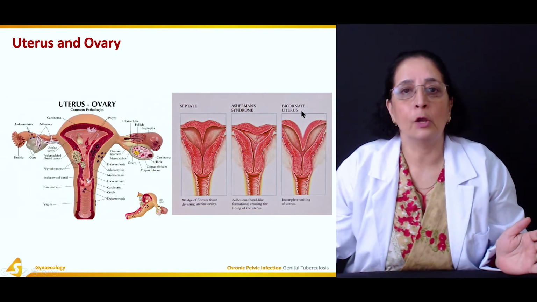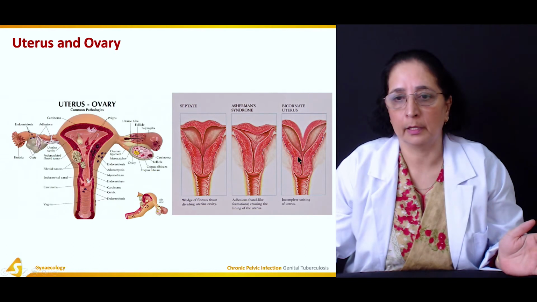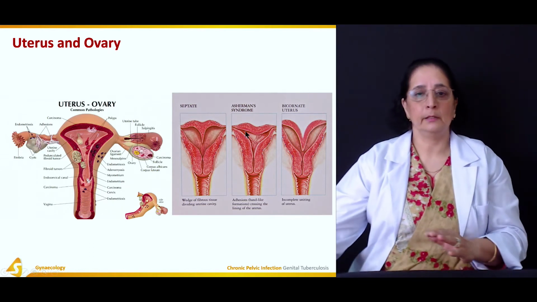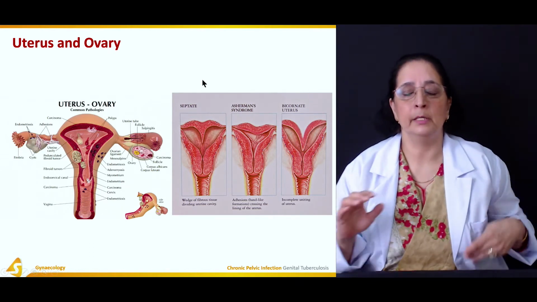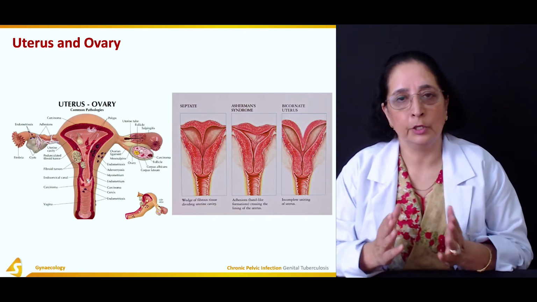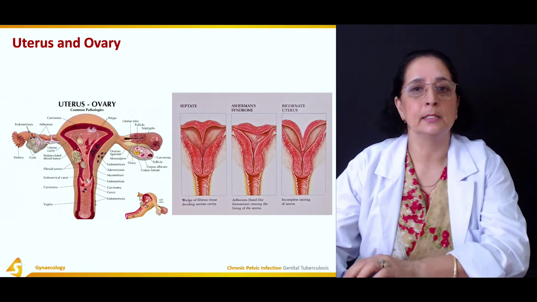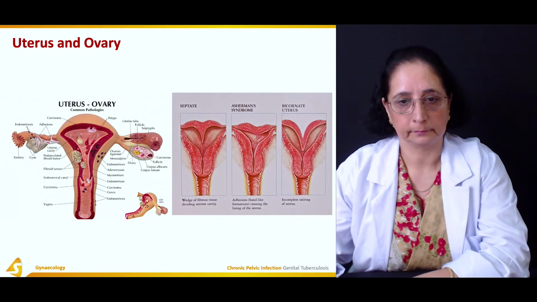Then we have bicornate uterus, which is the incomplete uniting of the uterus. So this diagram is all about the pathologies which can be present in the uterus, ovary, and some structural abnormalities of the uterus.